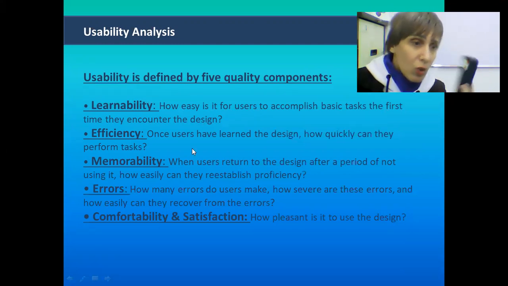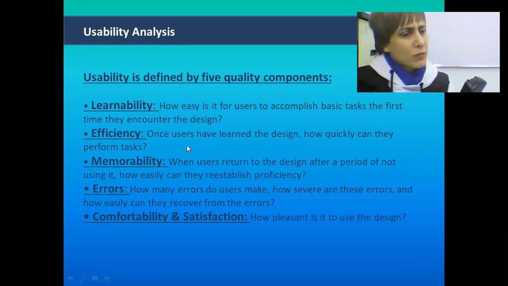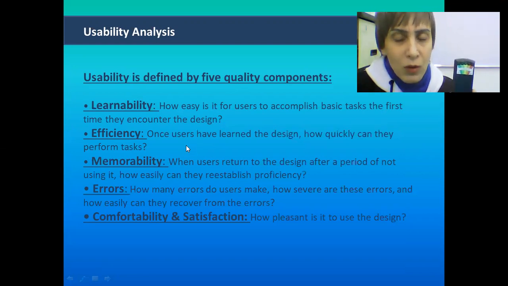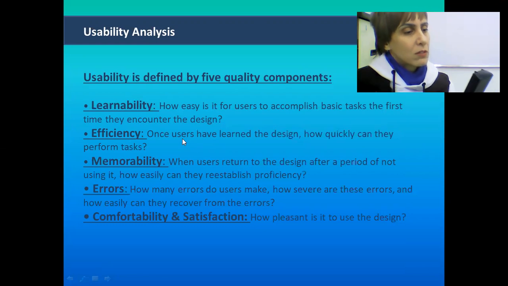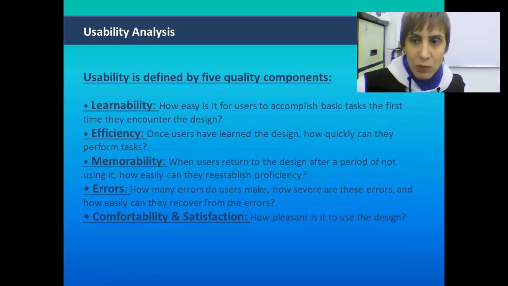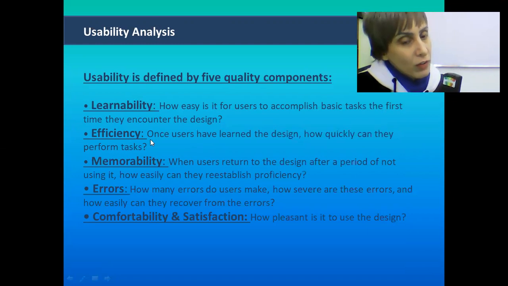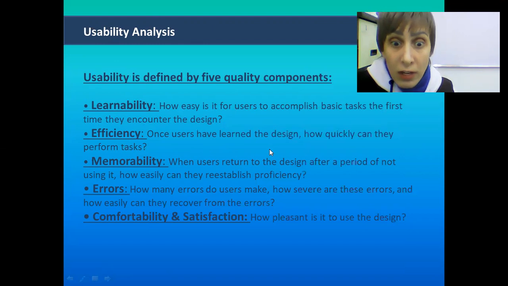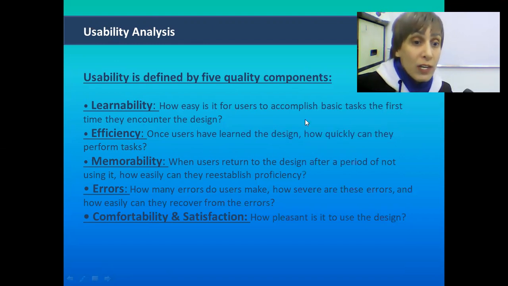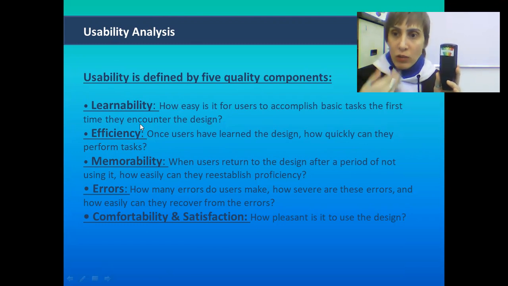Now that I know in general what this is used for, it's measuring electromagnetic waves in the surrounding environment around me. Now the efficiency. Once users have learned the design, how quickly can they perform tasks? So I need to perform a task with this one now.